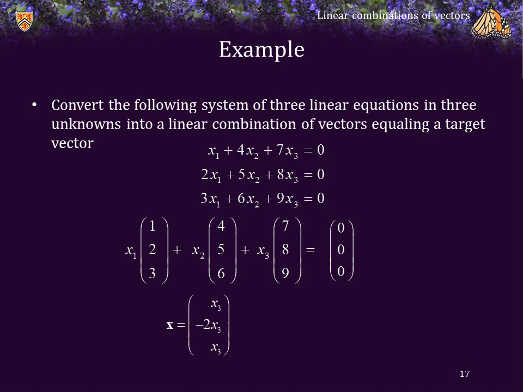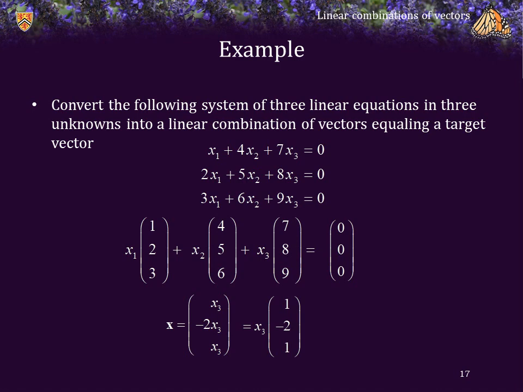So a solution is this vector here. So x3 is the free variable. Whatever value x3 has, x2 is negative 2 times that value, and x1 takes on the same value as x3. Now, interestingly enough, this solution is simply x3 times a constant vector.